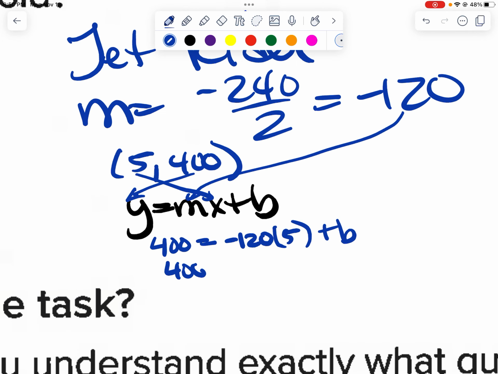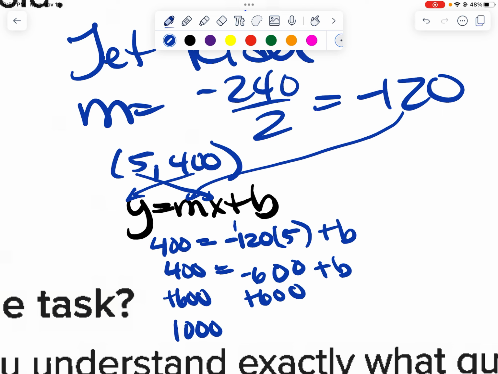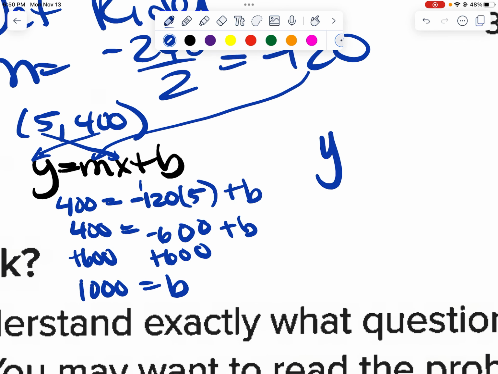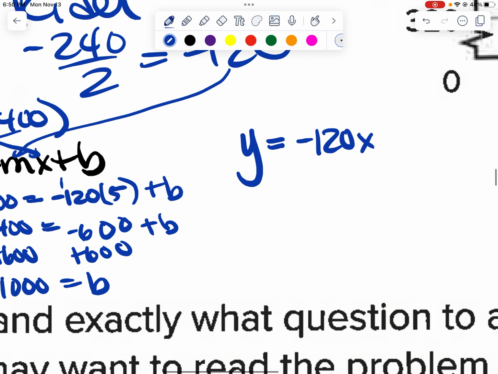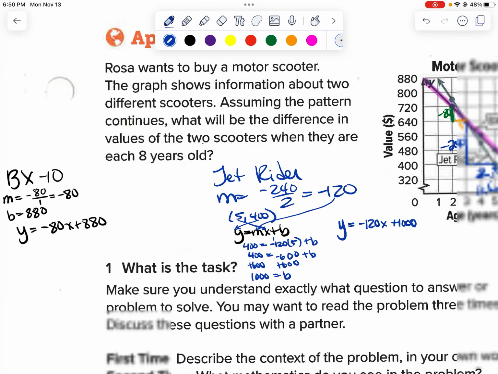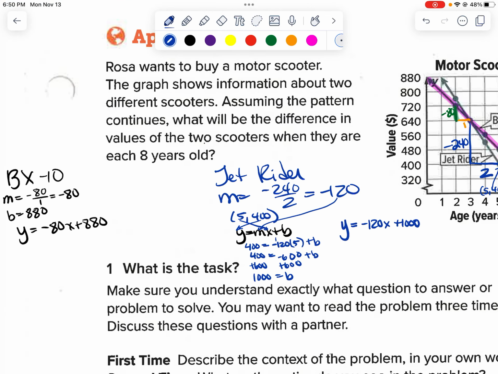So 400 equals negative 600 plus b. I'm going to add 600. That'll get me 1,000 is equal to b. So the equation for this is y equals negative 120x plus 1,000.